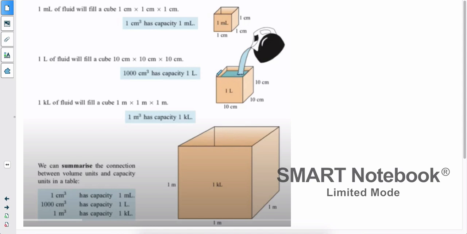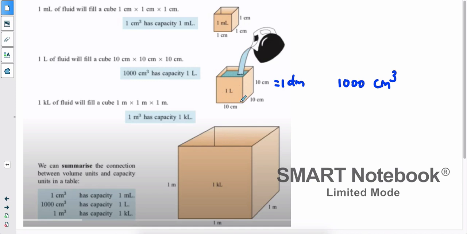On the other hand, if you have a cube of 10 centimeter by 10 centimeter by 10 centimeter, so meaning it's actually 1 decimeter each. So 1 decimeter, 1 decimeter, 1 decimeter, or 10 centimeter, 10 centimeter, 10 centimeter. Then the volume is 10 times 10 times 10, which is 1,000 centimeter cube.